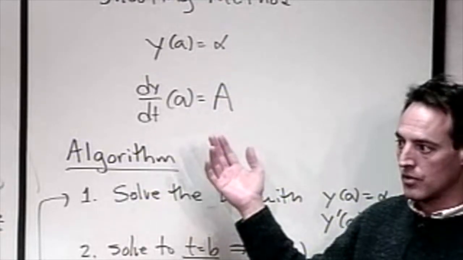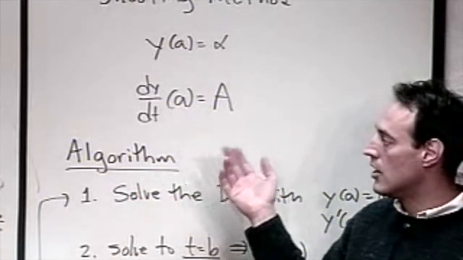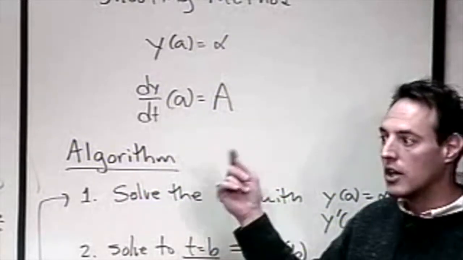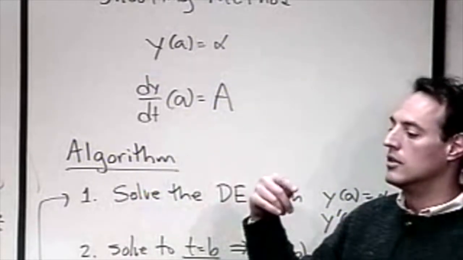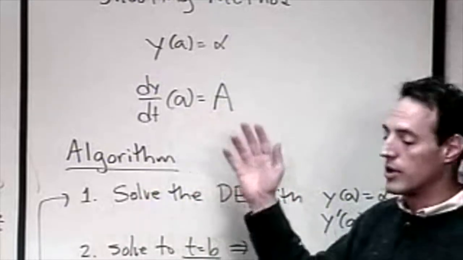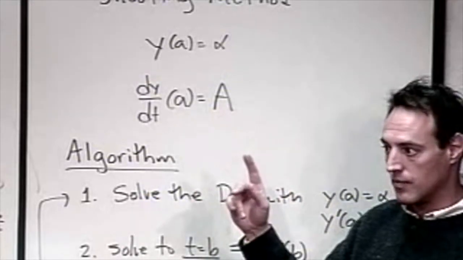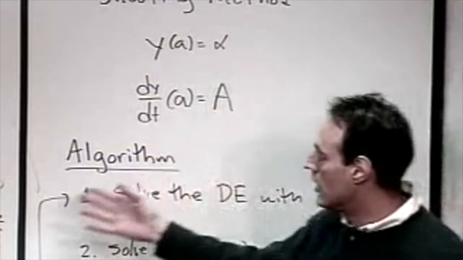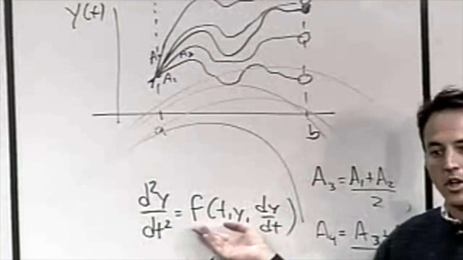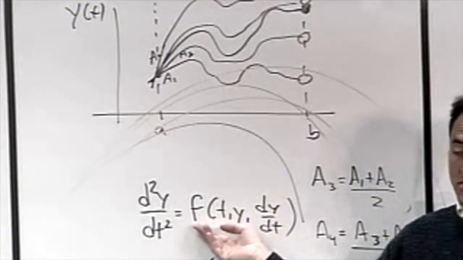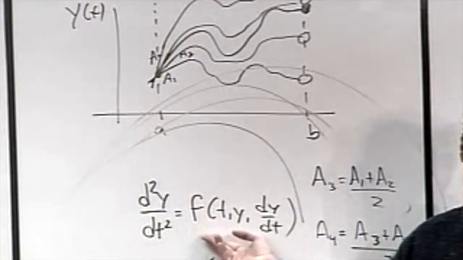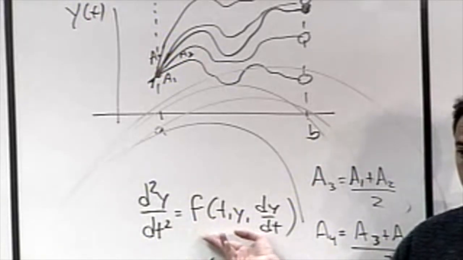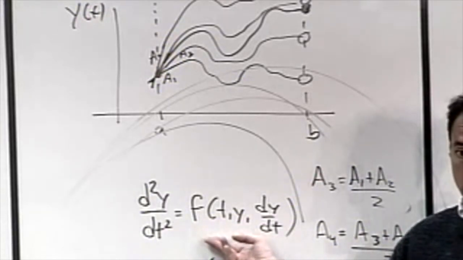Okay? So this method is very nice, for instance, if you start doing a nonlinear problem. So if you come back to here, this is generically a nonlinear problem. When you have a nonlinear problem, the shooting method is quite nice, because solving this nonlinear problem is no big deal for the time-stepping routines we've developed. It doesn't care about the nonlinearity.